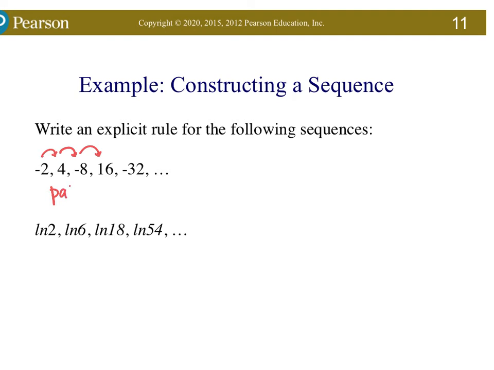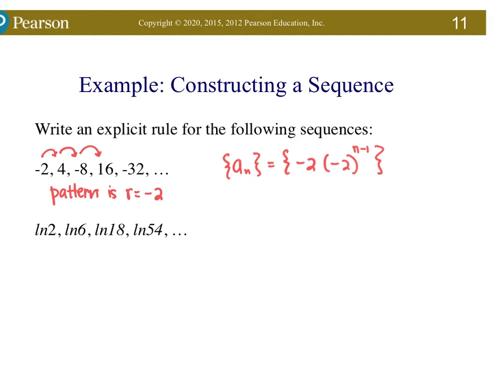Here I can see that the pattern is based on a multiplier. R is multiplied by -2. So then my explicit rule would be all a sub n's are generated by -2 as the first term, -2 is also the multiplier, and n minus 1.